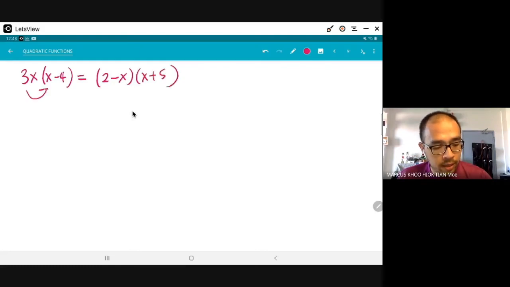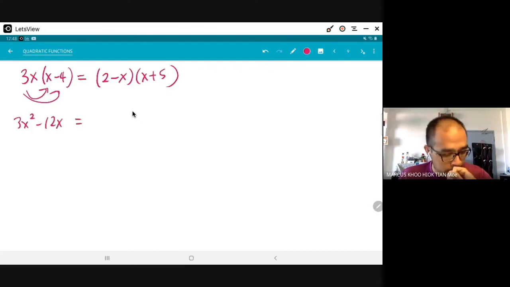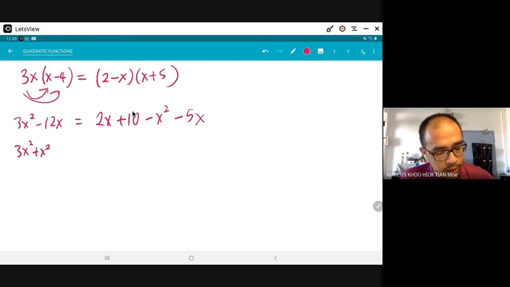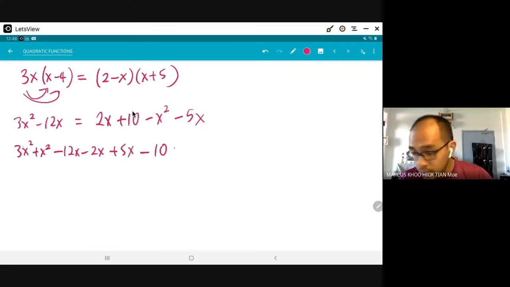So bila saya darab masuk, saya akan dapat 3x squared minus 12x equals to 2x plus 10 minus x squared minus 5x. Pindah semua pergi sebelah, 3x squared plus x squared minus 12x minus 2x plus 5x minus 10 equals to 0. Understand?